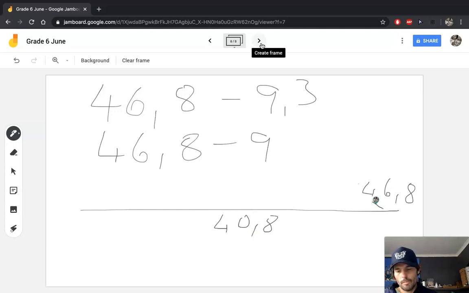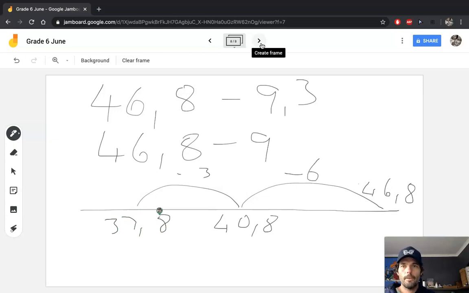So there I'm just jumping, instead of going individual units, I've just gone back 6 first. I still need to go back another 3. And I know that 40 minus 3 is 37. So 40,8 minus 3 must be 37,8. And now I just need to take off the tenths. So I still need to take off the 0,3. And you can see quite clearly that that is now 37,5.